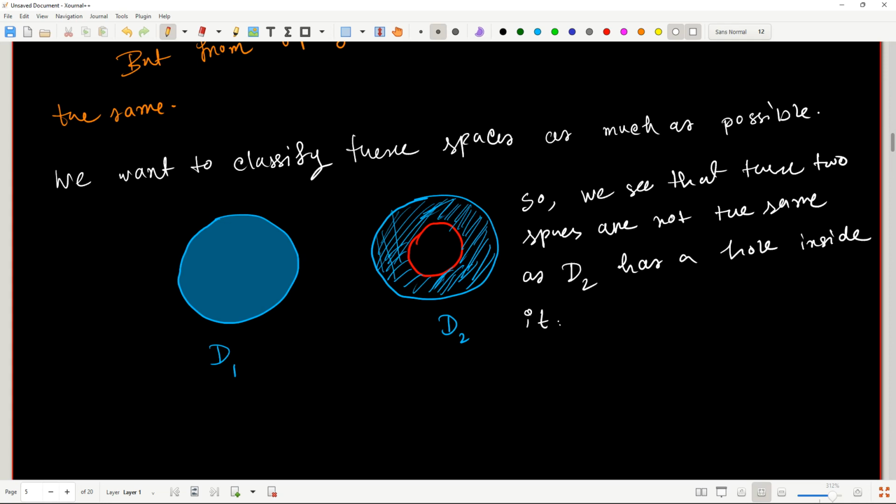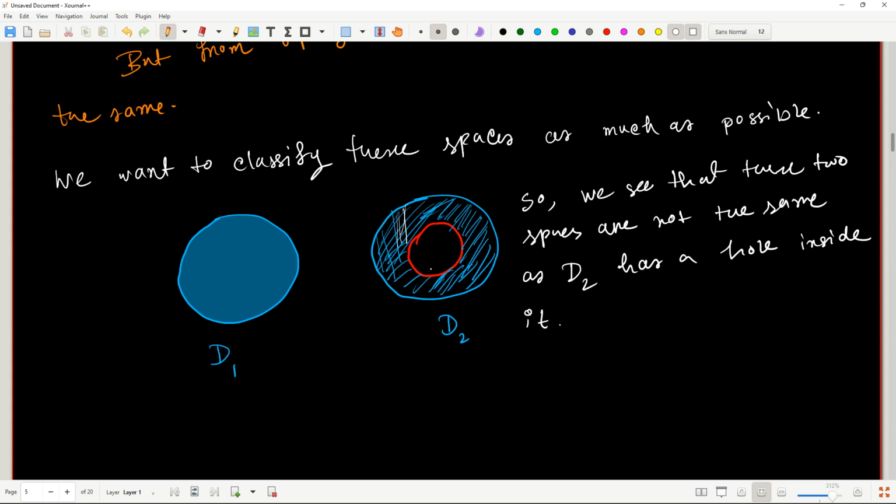So since we can draw and distinguish things like this, we also want to formulate some mathematical tools that will actually help us to give these geometrical figures a mathematical interpretation.